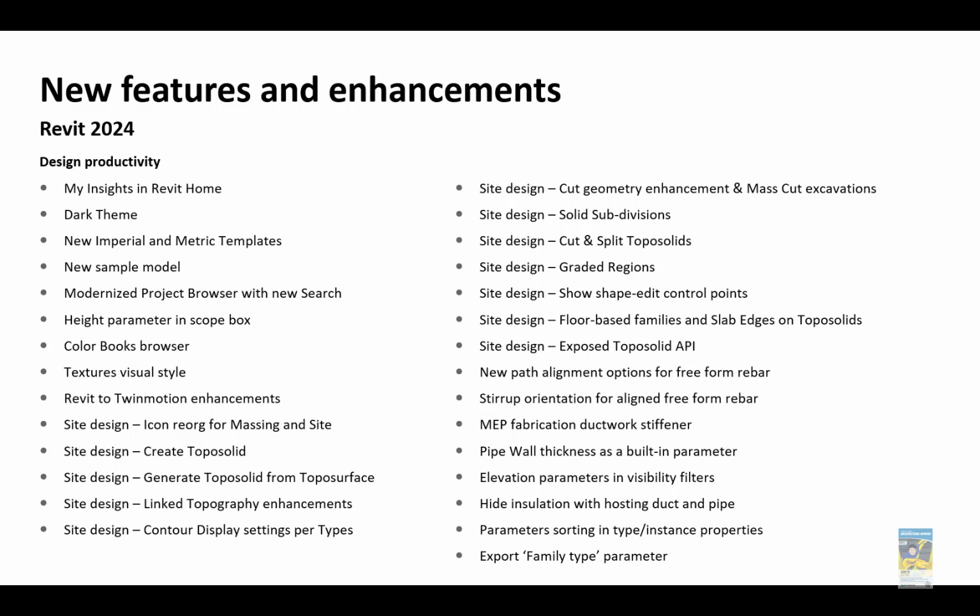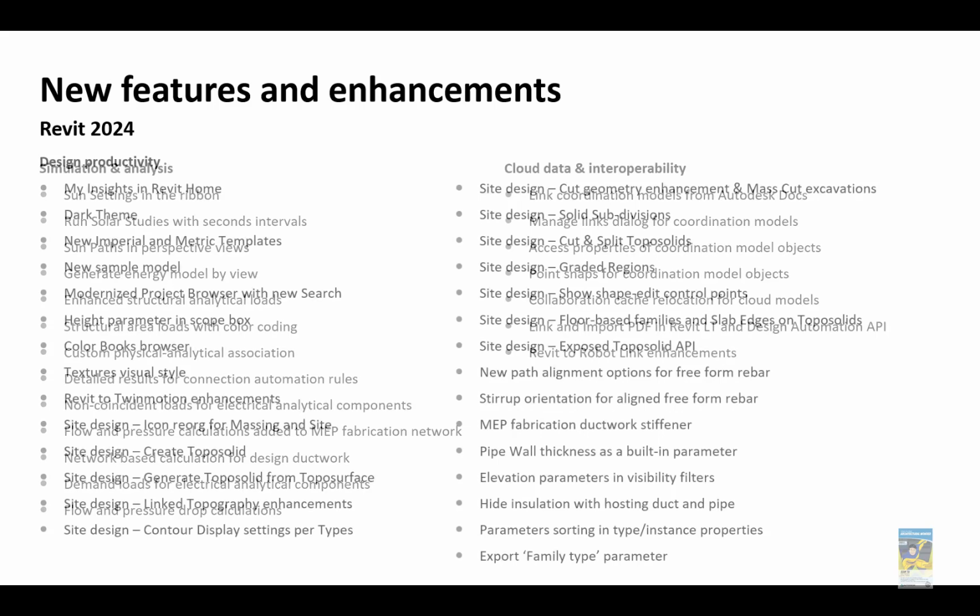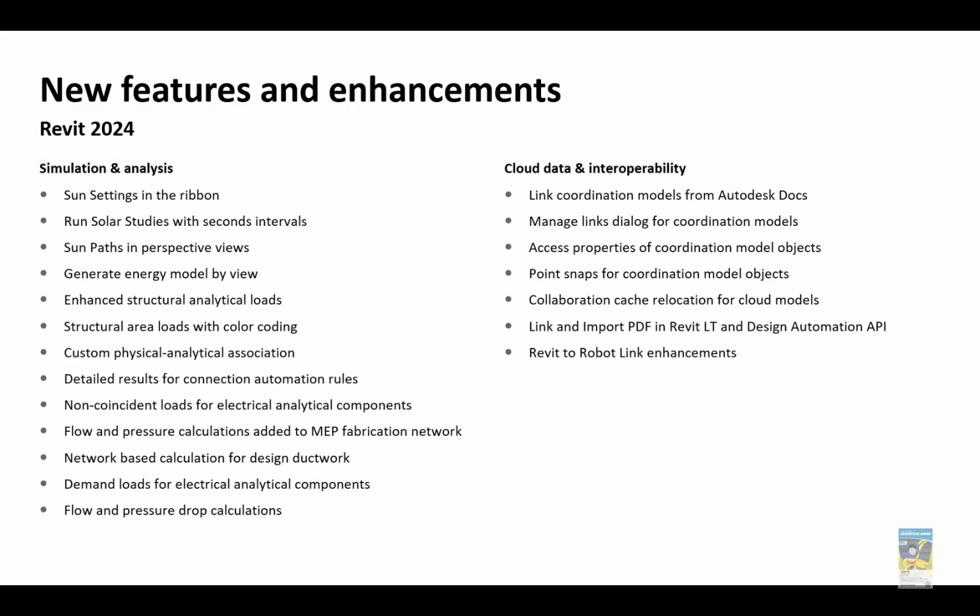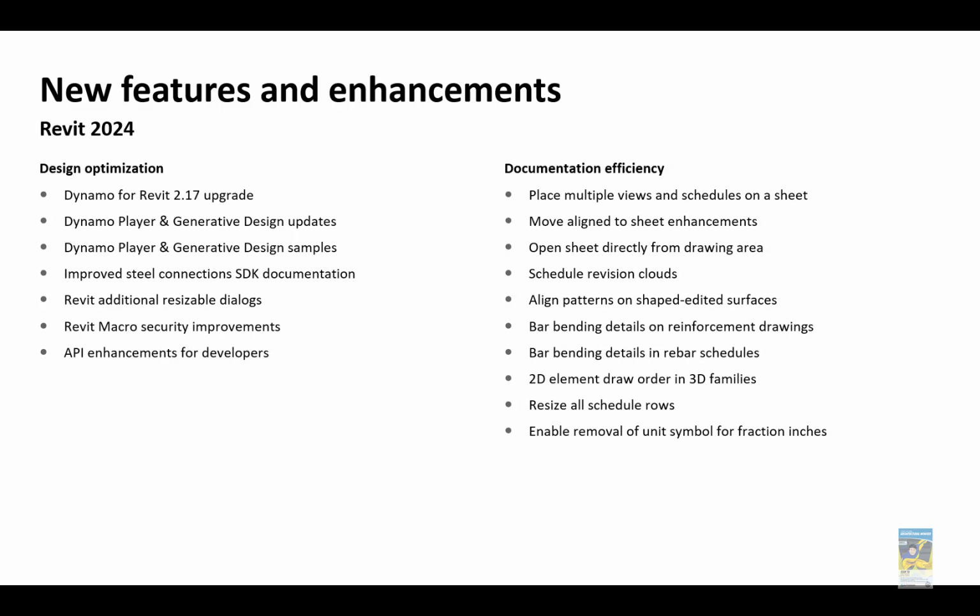Of note in particular are things like dark theme, new sample models, new templates, and a host of new site design tools. Simulation and analysis, cloud and data, interoperability have also been updated as well. Design optimization and documentation efficiency lists are also a decent list to see.